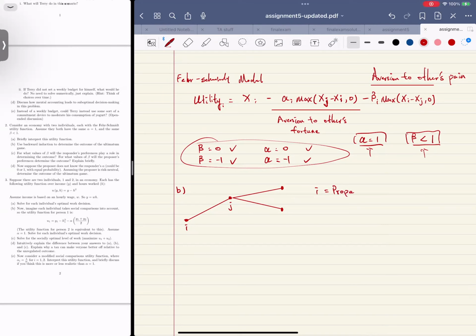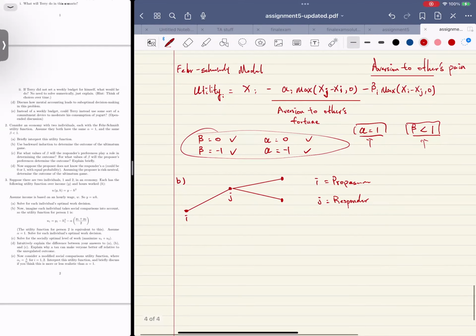Okay, so good. In this case, I'm going to draw a tree. So I equals proposer, and J equals responder. Some S amount is proposed.